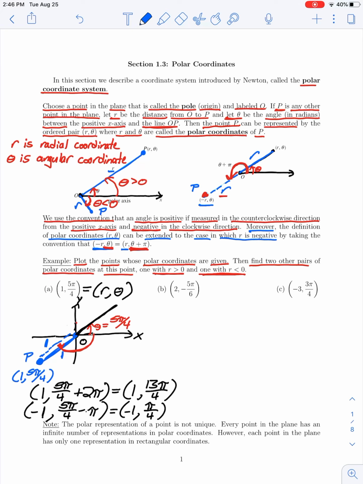Alternatively, we could have subtracted pi from that original angle measure, and I would have the exact same expression. So here we have 2 different polar representations of that same point aside from the one that we're given.